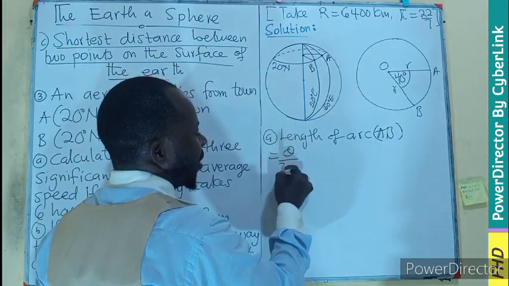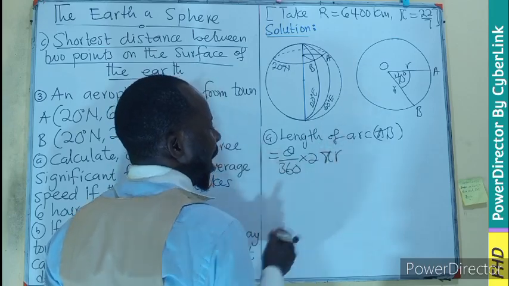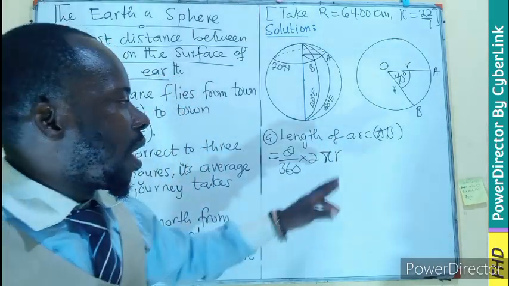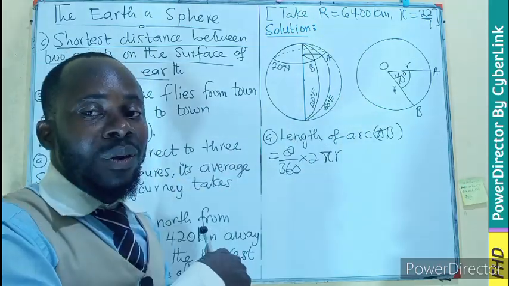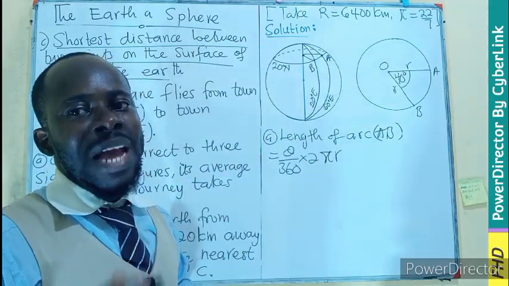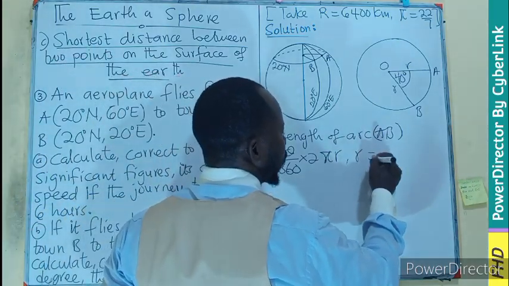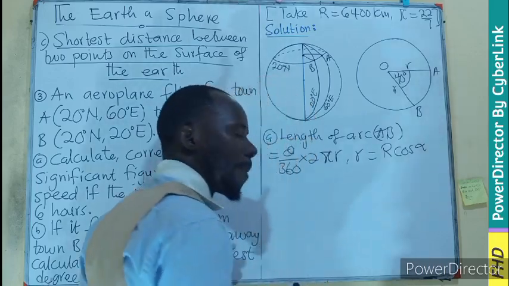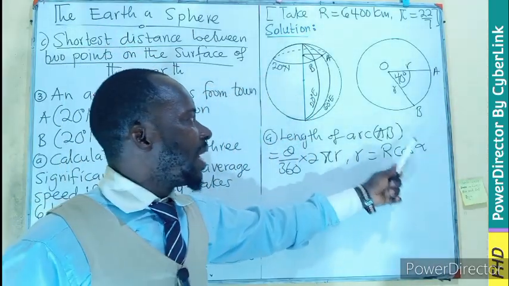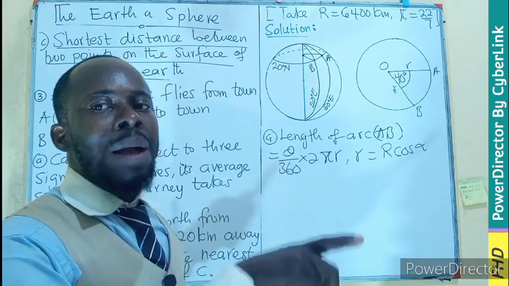Theta over 360 times 2 pi r. There is a small r because the small r is the radius of the small circle, not of the Earth. Remember your r is also capital R cos alpha, where alpha is the common latitude between the two points.